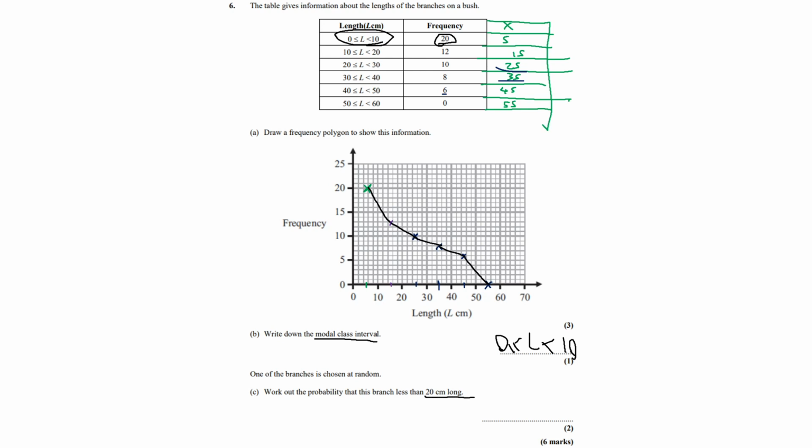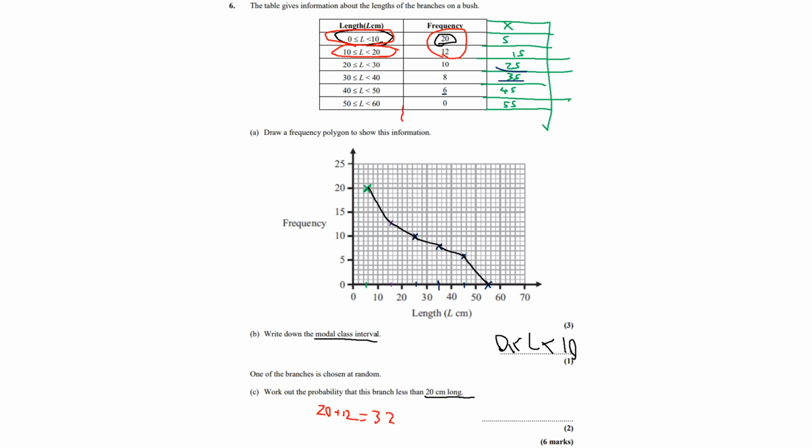Okay? How are we going to work that out? Well, we can see that all the numbers less than 20 are those two classes, okay? Which leads to a total of 20 plus 12, which is 32.